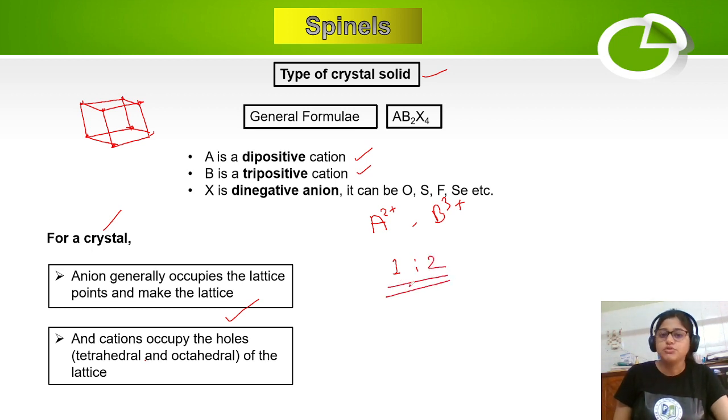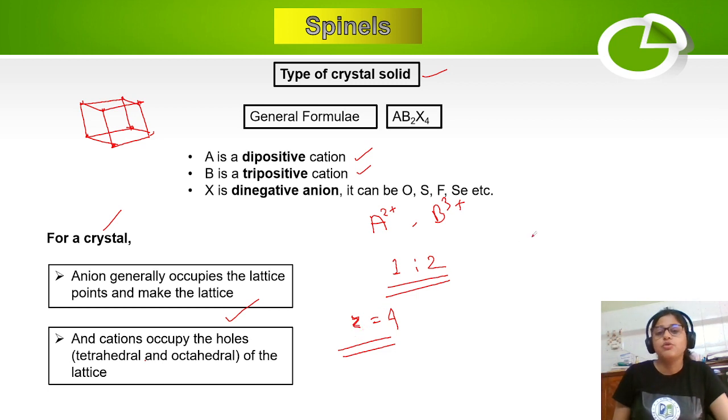And 4 means the anion lattice has Z equal to 4. Z means the number of atoms in each lattice. So Z is 4 here.